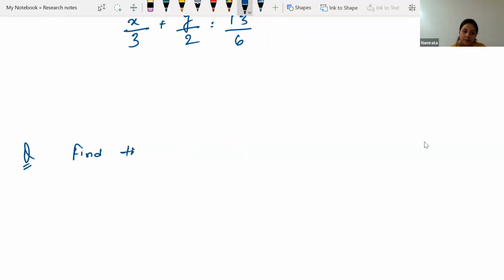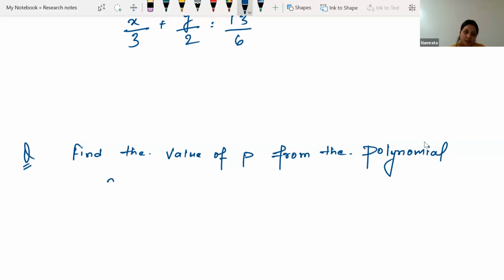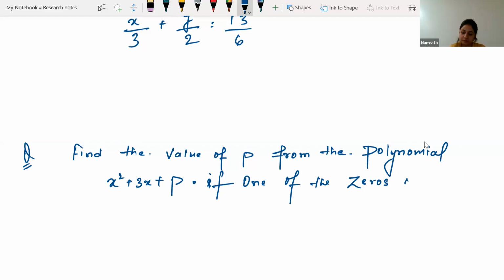Find the value of p from the polynomial x square plus 3x plus p, if one of the zeros of the polynomial is 2.